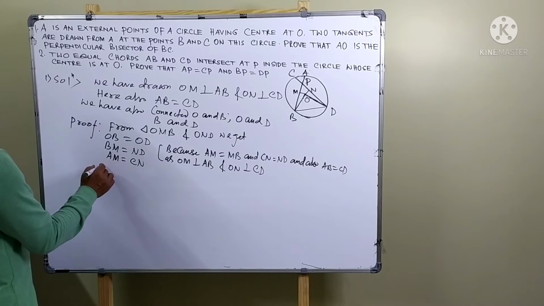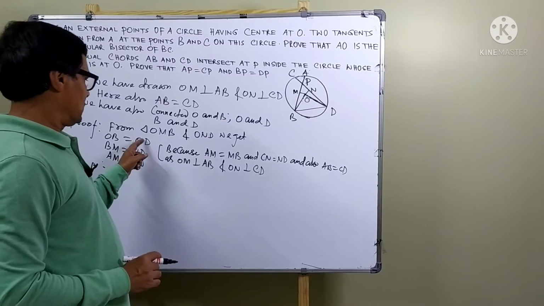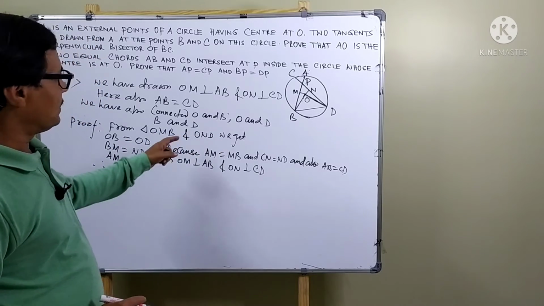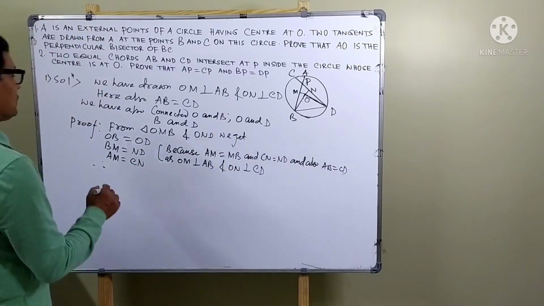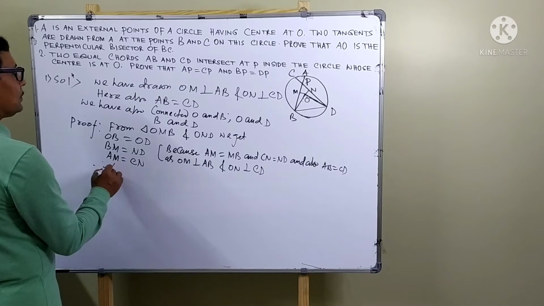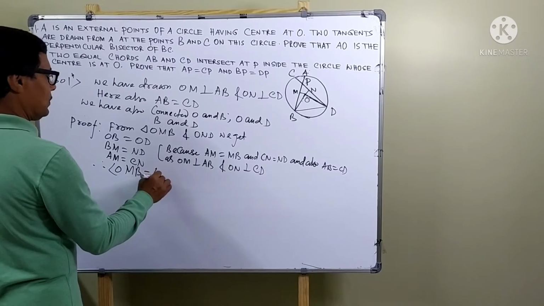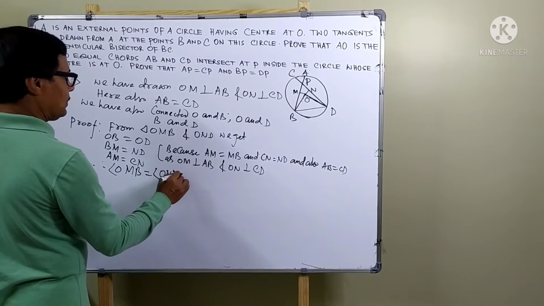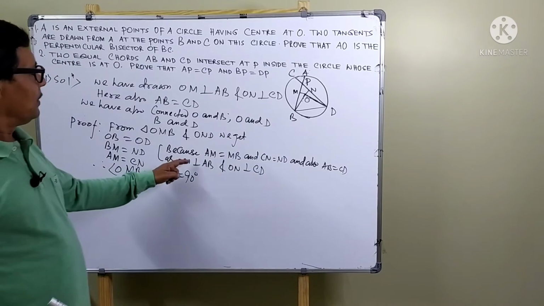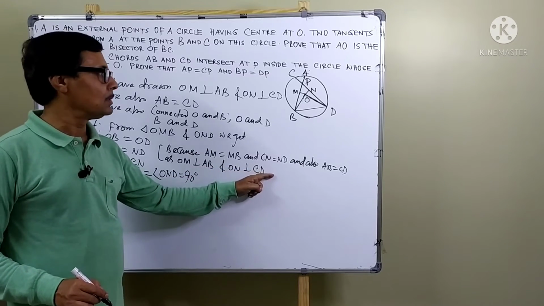So we can say that these two triangles are congruent to each other by the RHS property. Also, angle OMB equals angle OND equals 90 degrees, because OM is perpendicular to AB and ON is perpendicular to CD.